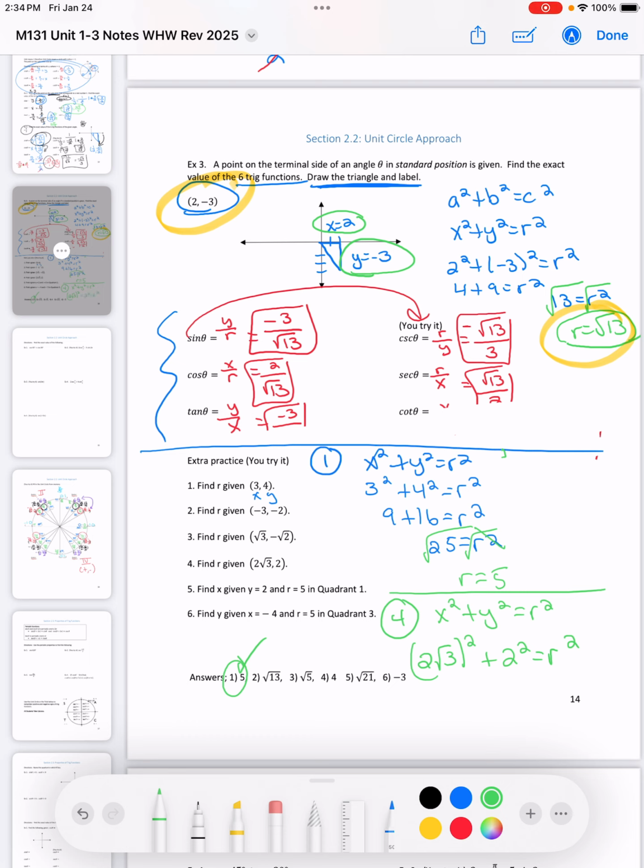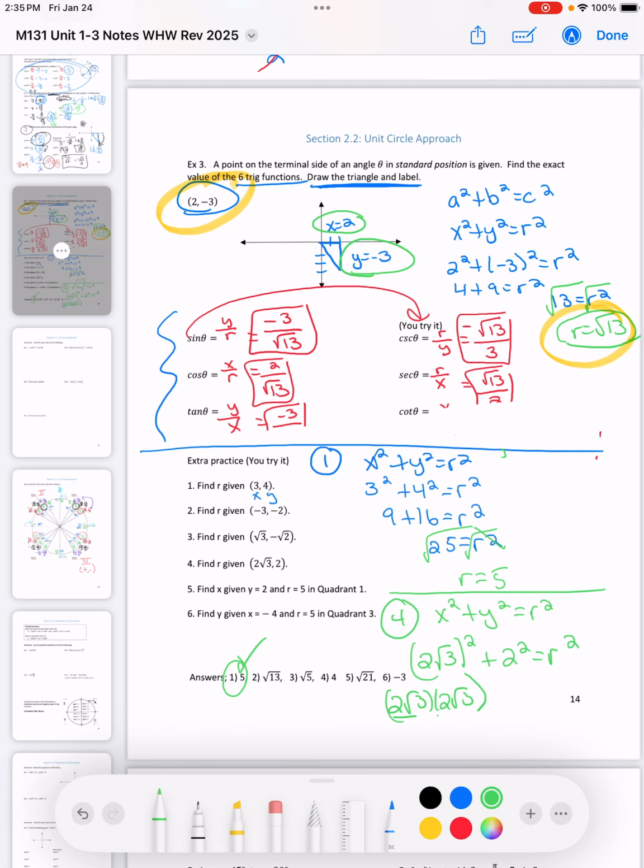Be really careful about how you type this in your calculator. Some calculators are a little bit easier to use with parentheses, or they prompt you to use the parentheses, but you can type this in your calculator. What's going to happen is this is really 2 square roots of 3 times 2 square roots of 3.